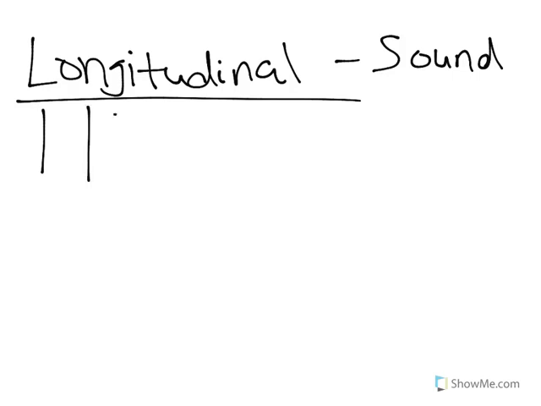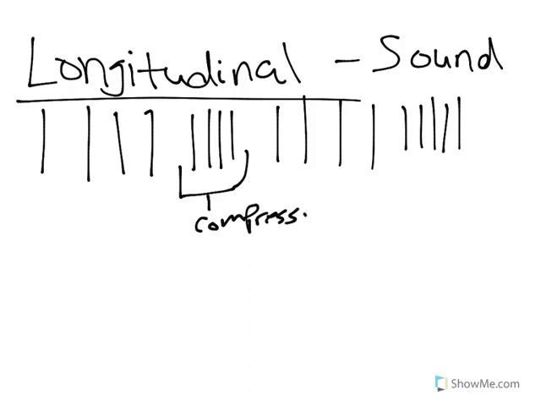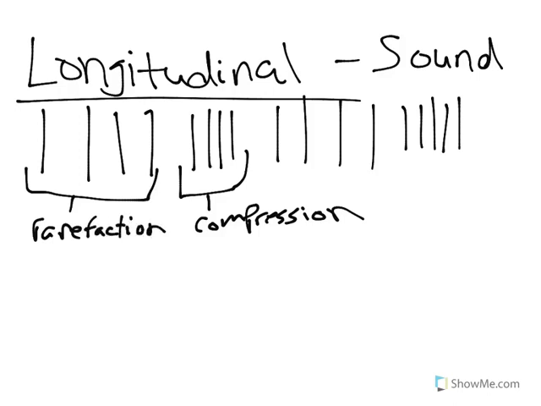You have areas that are rarefacted, and then areas that are compressed. These are areas of compression, and these are areas of rarefaction. Rarefaction is where the particles are spread farther apart, and compression is where they're closer together.